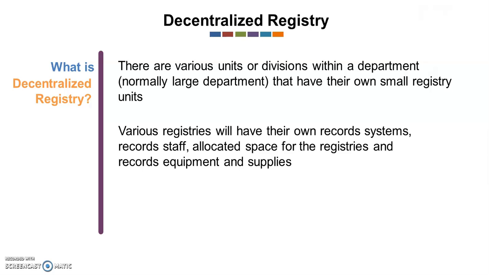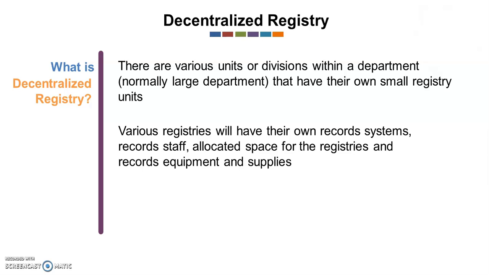Not only that, the record staff in these three departments will be different staff, as compared to the centralized registry. And the allocation of registry space will be different based on the importance, or the number of records dealt with in each department.